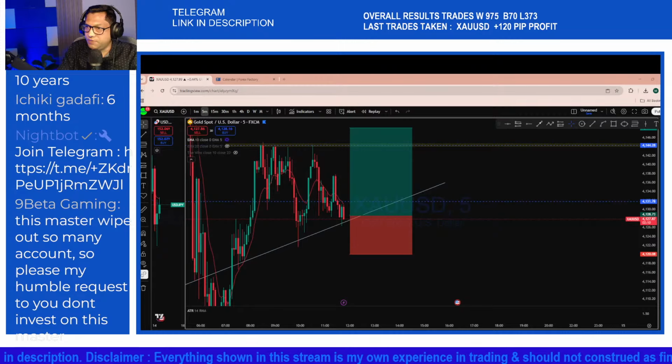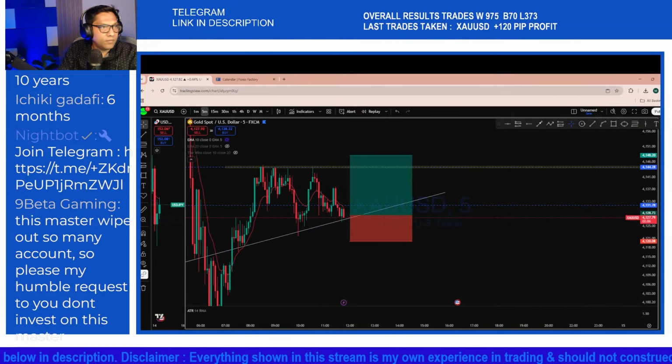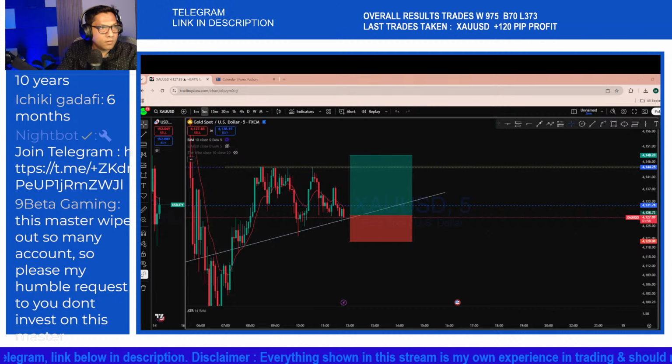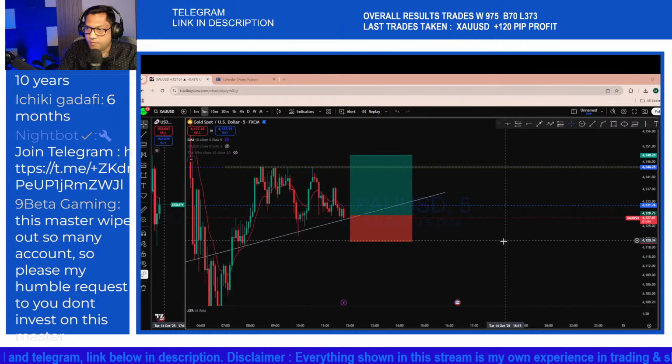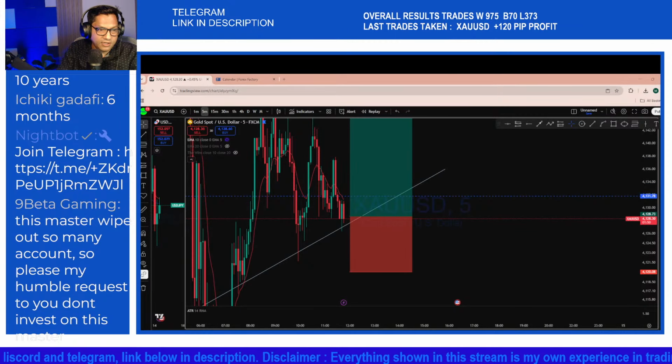So we'll be setting the TP target at this level, expecting the market to potentially return back in the major direction of the trend.